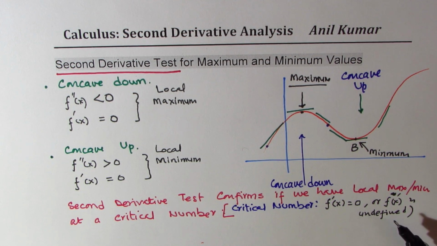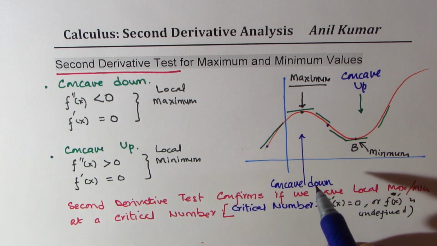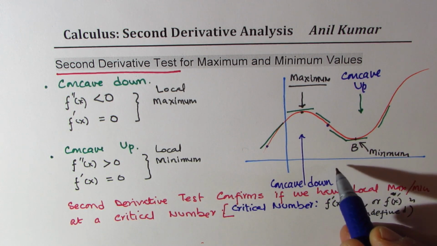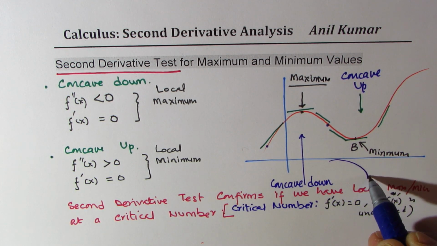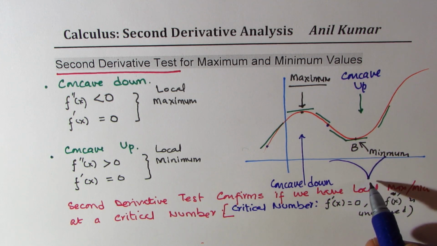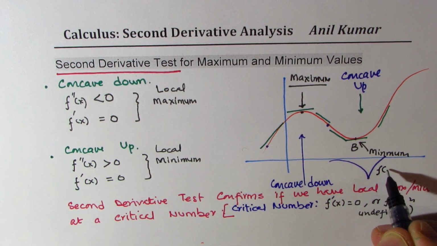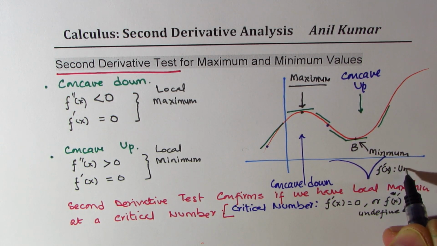Now, taking into consideration the undefined case, we could have another example, which we'll do in another video. We could have a function which looks kind of like this. I'm just drawing a function here, and we do have a minimum here. At this point, the derivative of the function is undefined.